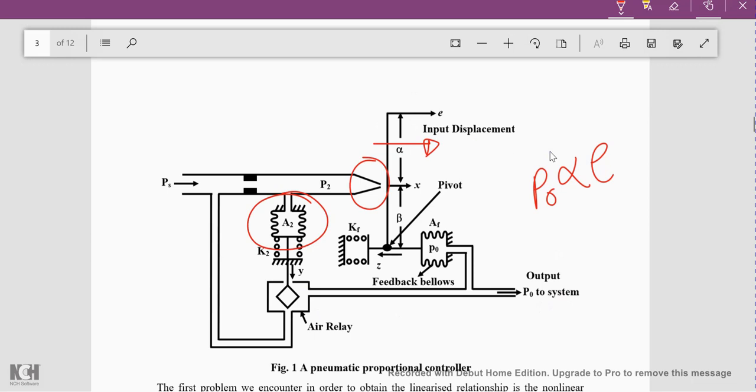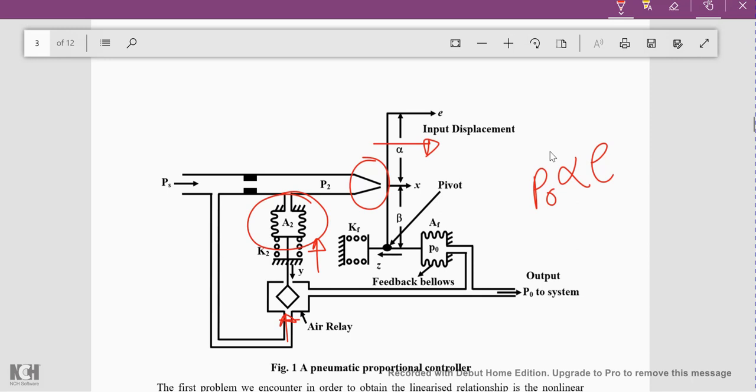Because of this, the displacement Y will be in the opposite direction, so the valve in this air relay will be moved upward. More input air will come in, so high pressure will be obtained in the air relay, and that high pressure will go to the output.